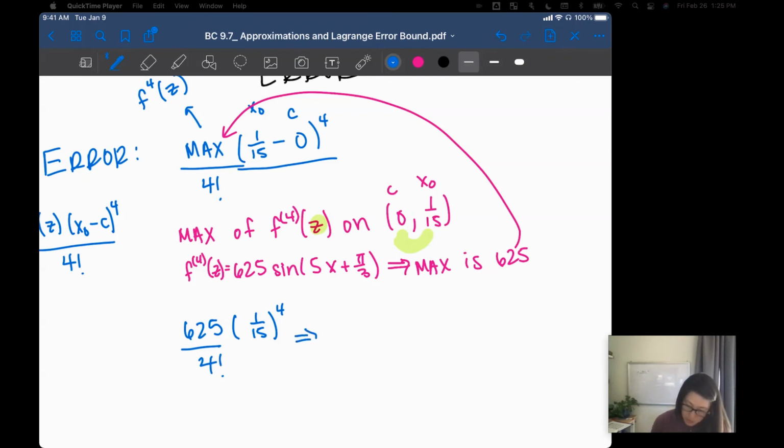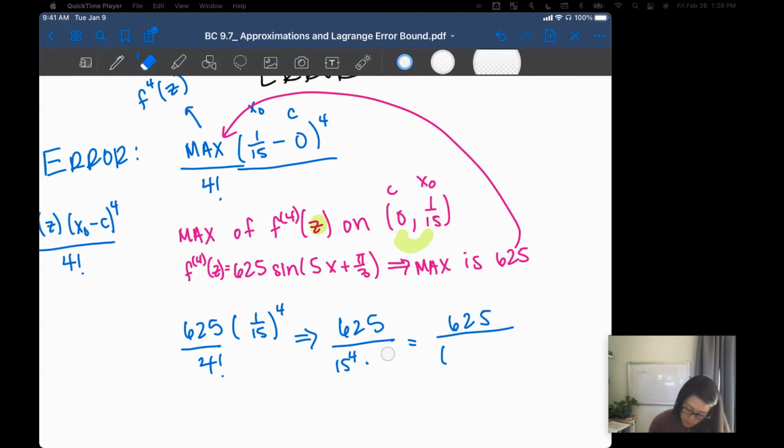I'll do this without a calculator. So I'm going to do 625 over 15 to the 4th times 4 factorial. And I know that 15 to the 4th can be rewritten as, let's also rewrite this 4 factorial as 24.